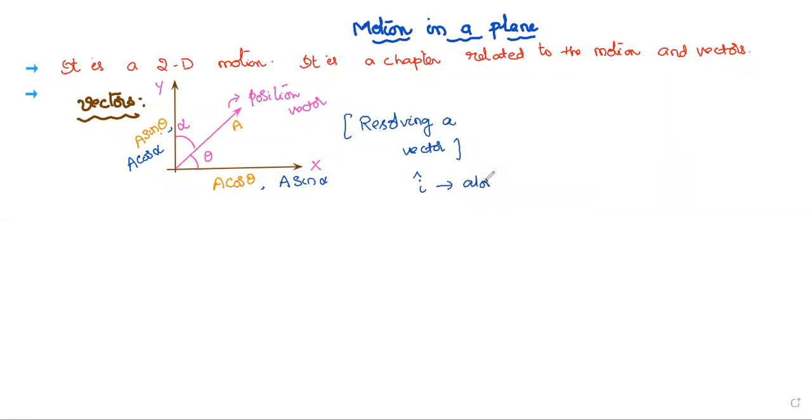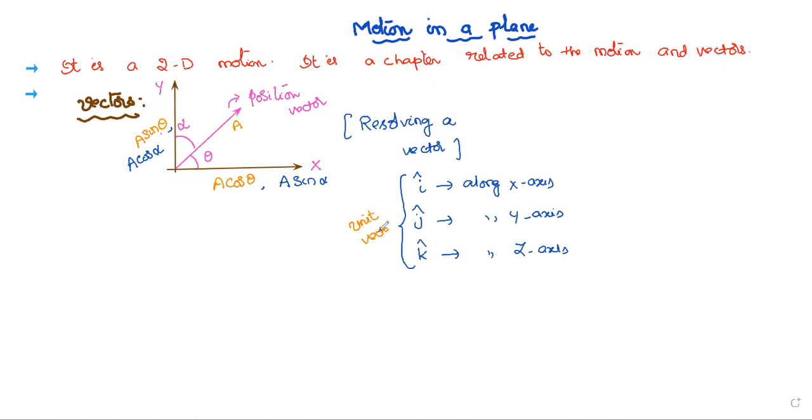This is along the x-axis. J is along the y-axis. And k is along the z-axis. These three are the unit vectors.